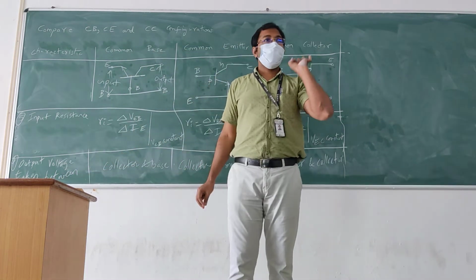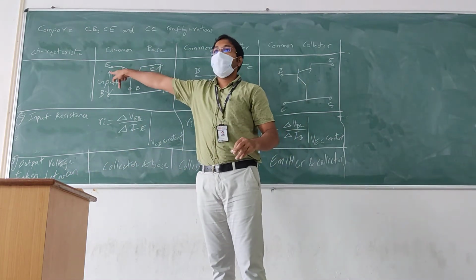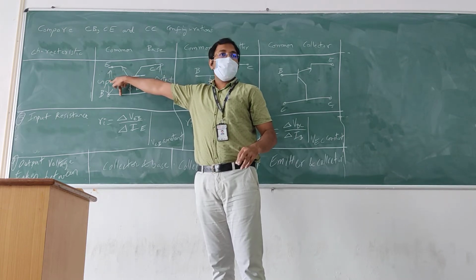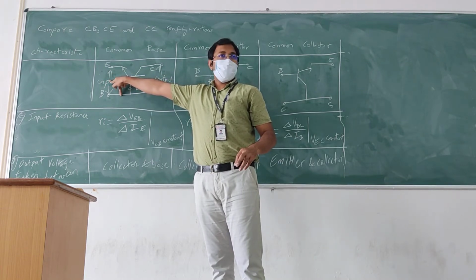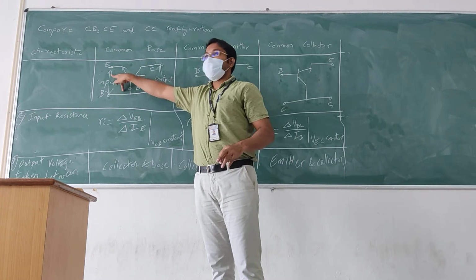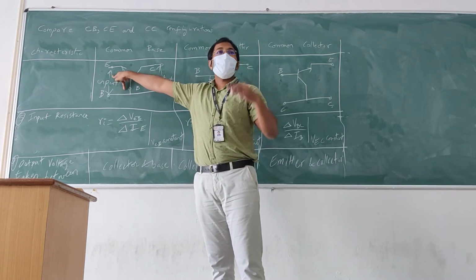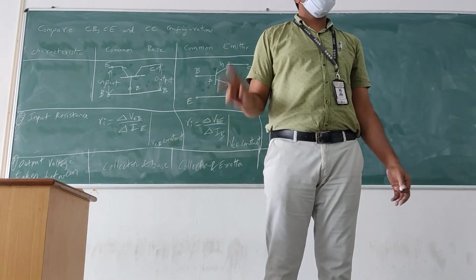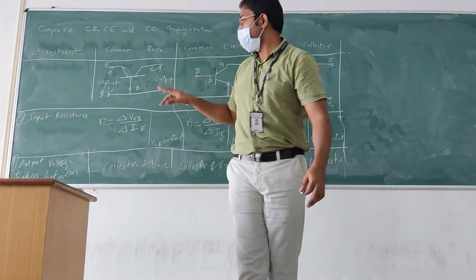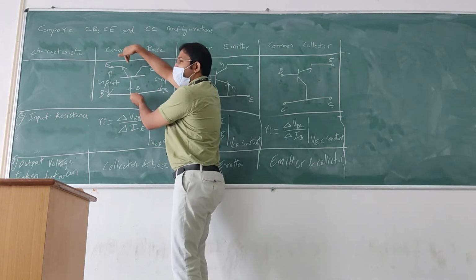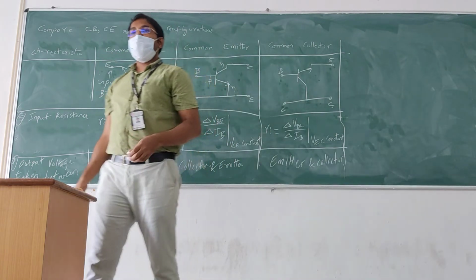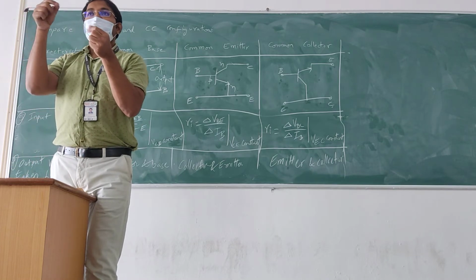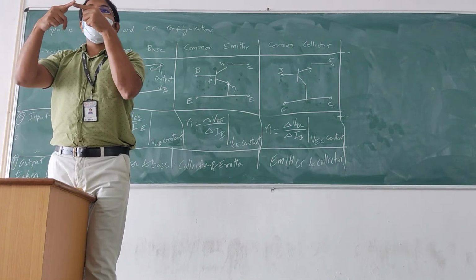Next, see here. As I just explained, this junction is what bias? Emitter base junction is forward bias. Forward bias means high resistance or low resistance? Forward bias means in the ideal case on, zero resistance.